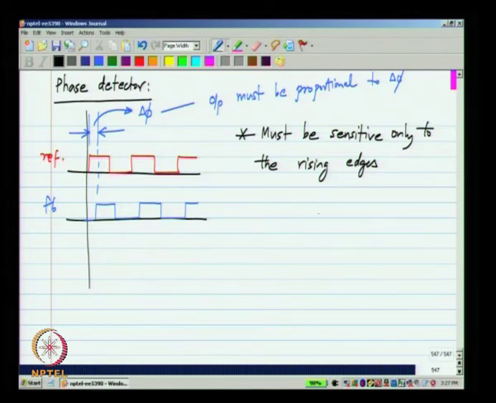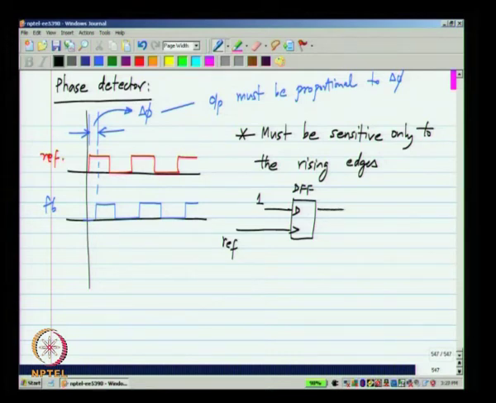So, one possibility is, we know that the one circuit block that is sensitive to the edges is a flip flop. So, let us say we take a D flip flop and connect its input to 1 and connect the clock to the reference.